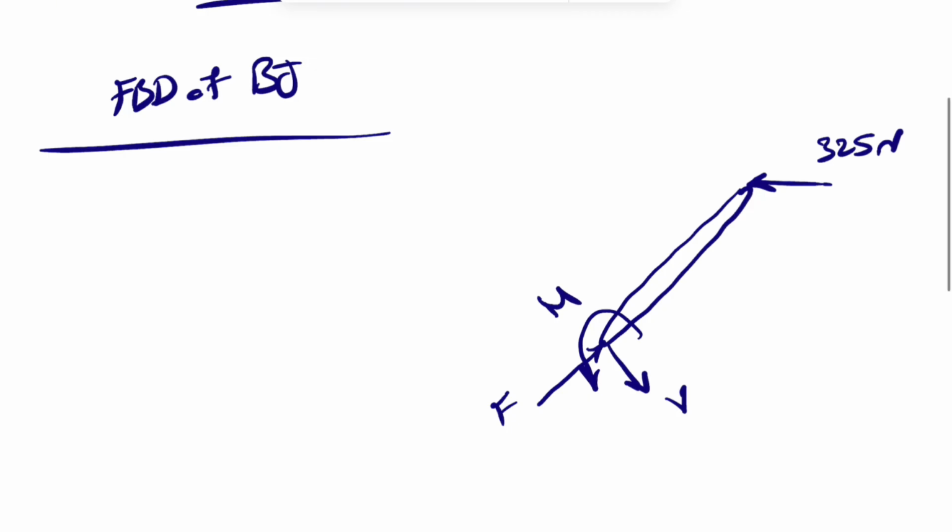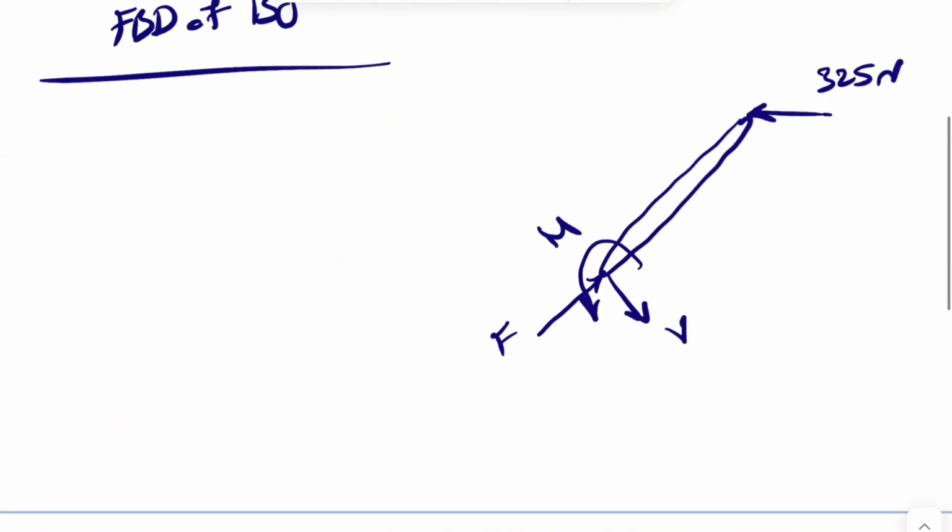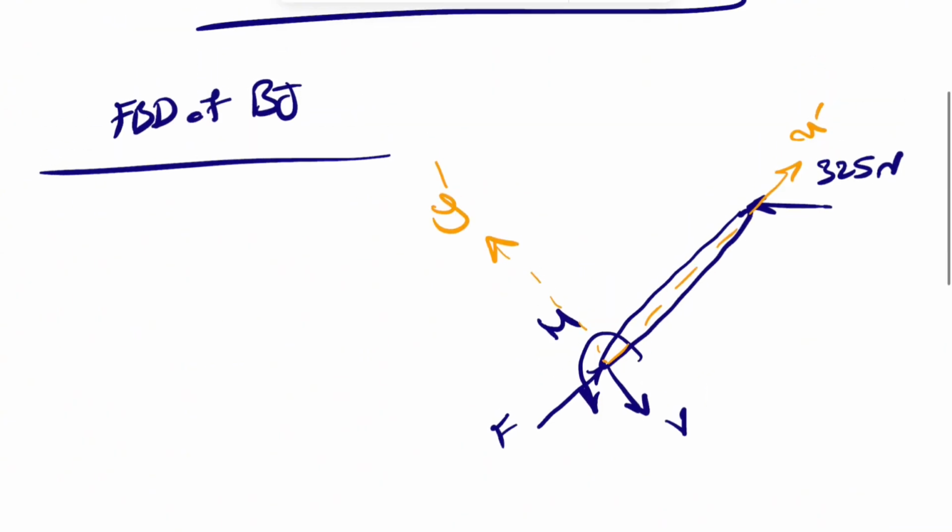We have to find all these reactions, but we're going to take a different X and Y for this one because it will be easier for us to proceed with finding F and V. So let's call this our y prime and this one x prime.